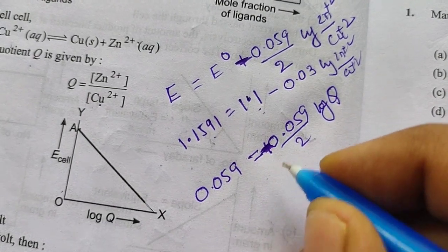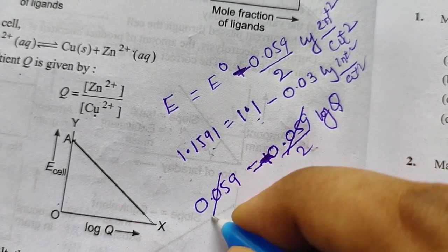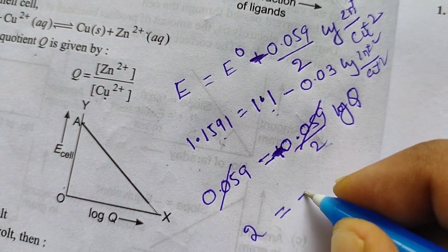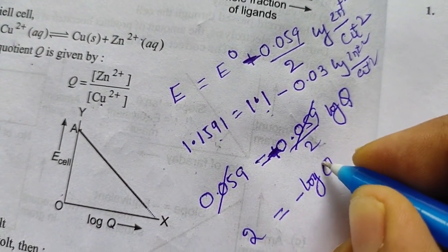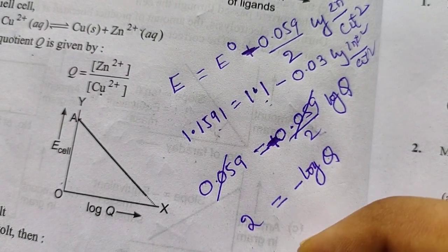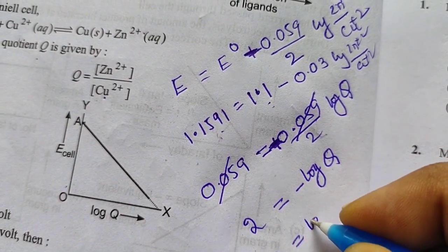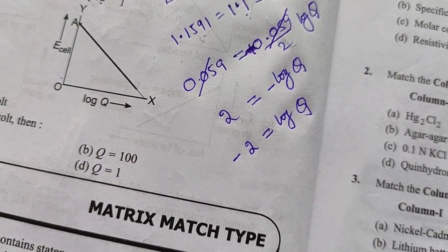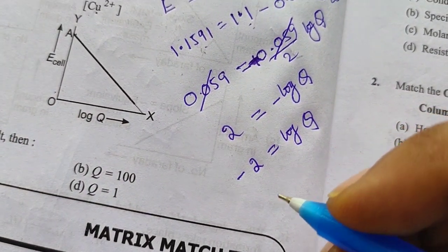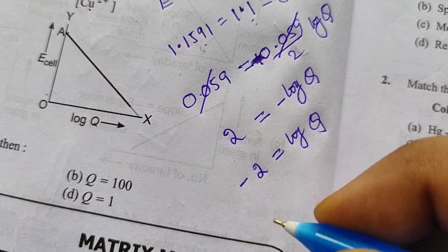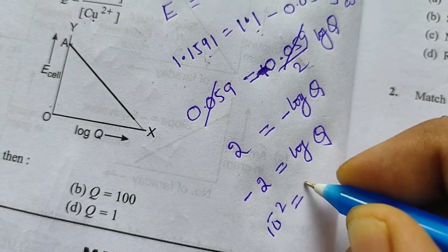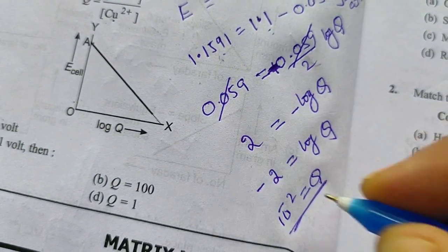Cancelling, 2 equals minus log Q, so minus 2 equals log Q. Applying the antilog on both sides, Q equals 10 power minus 2.